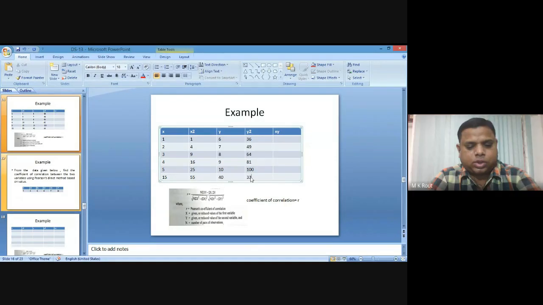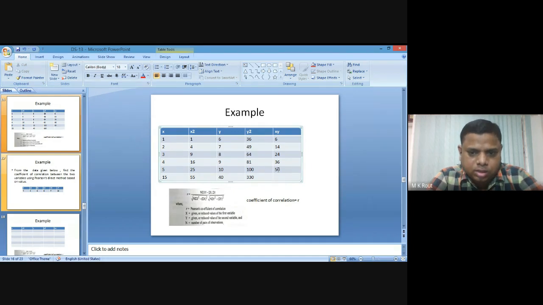330. Then after that you go for multiplication of x into y. The first one is 1 into 6, that is 6. Similarly, 2 into 7, that is 14. 3 into 8, 24. 4 into 9, that is 36. Next is 5 into 10, that is 50.